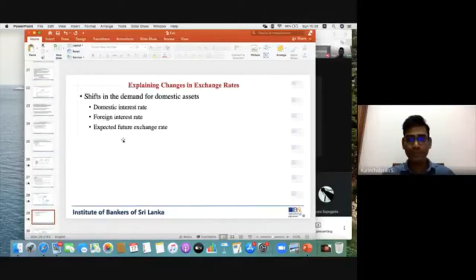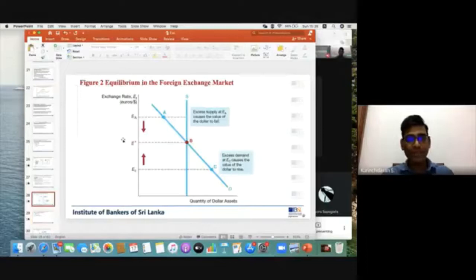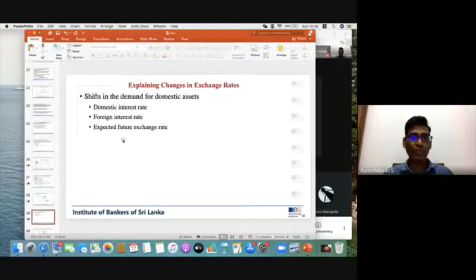Now, even though we say E star is our equilibrium exchange rate, there may be other factors that tend to change this equilibrium exchange rate. What are those factors? The important factors are: one is the domestic interest rate, the other is the foreign interest rate, and the expected future exchange rate.